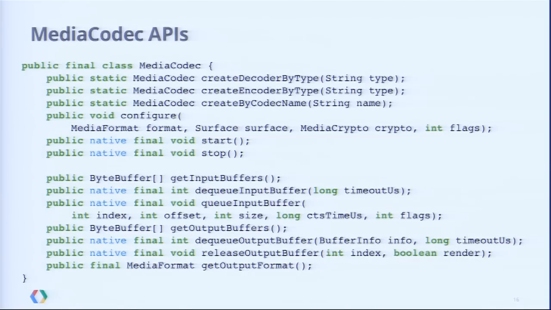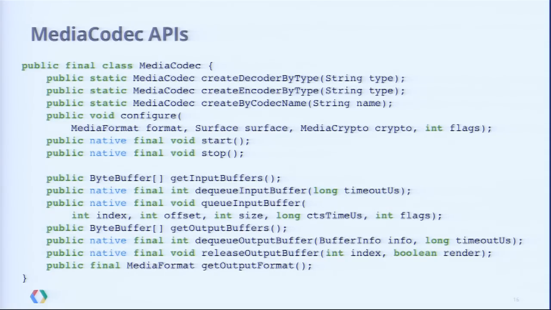If it is a negative value, there are three cases. It can be a timeout, indicating there is no buffer available. It can indicate that the output format changed, which usually happens for decoding applications: you start to decode and you find the output format changed.